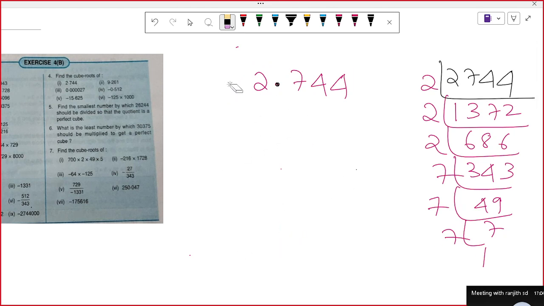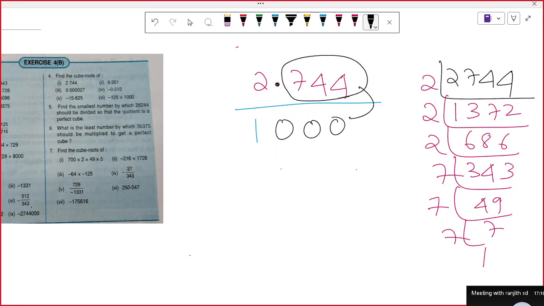The second method is, whenever a decimal is given, divide it by how much to convert into an integer? Divide by 1000. There are 3 numbers, so you have to divide by 1000. If you divide by 1000, the point gets eliminated. So what's the actual question? 2744 divided by 1000.